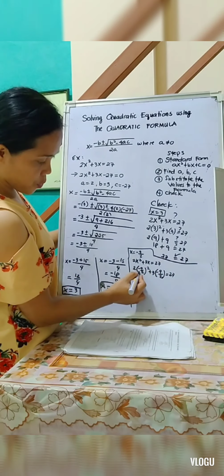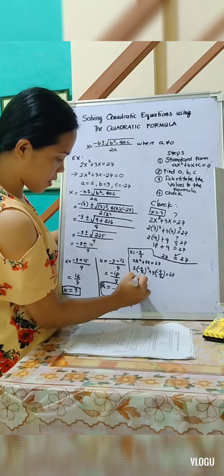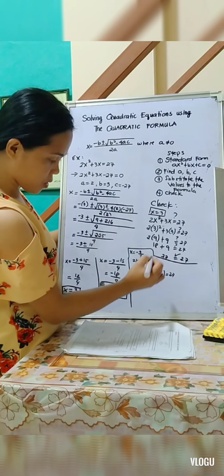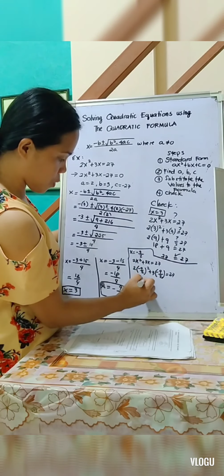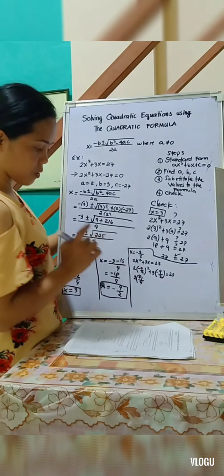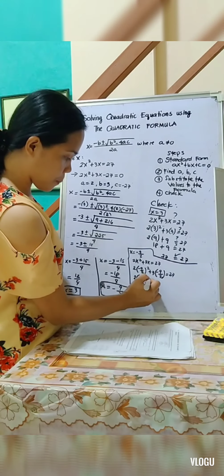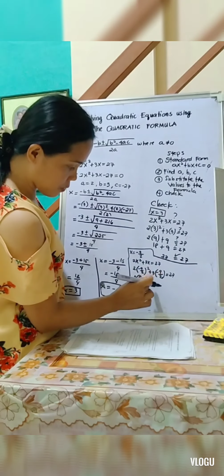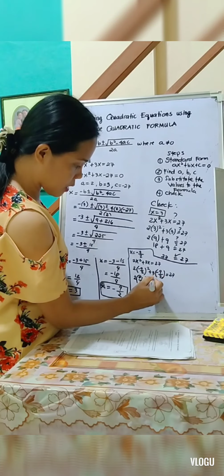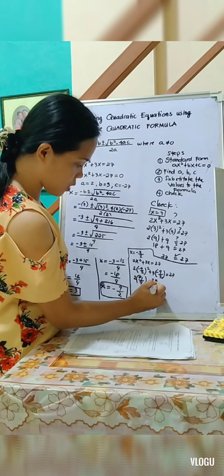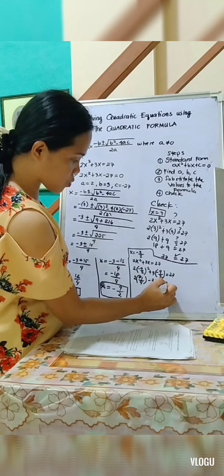So we square our negative 9 over 2. The square of negative 9 is 81 over 4, because the square of 2 is 4. And then you have 3 times negative 9, you will have negative 27 over 2 equals 27.